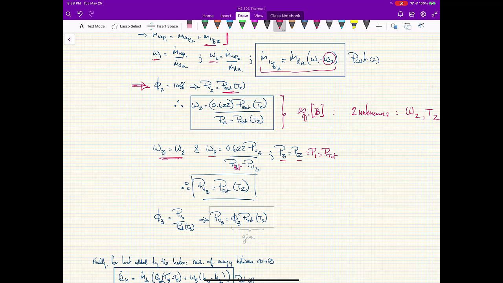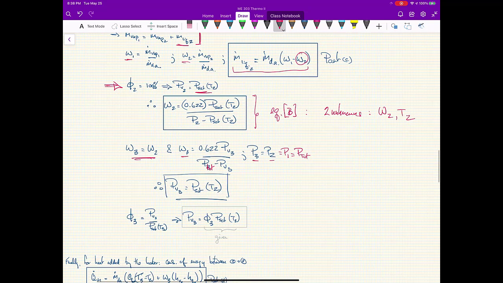And since omega 2 is equal to omega 3, I'm going to continue on with this line right here to illustrate that a little more clearly. That's got to be equal to omega 2, which itself is equal to 0.622 times PV2 divided by P total minus PV2.